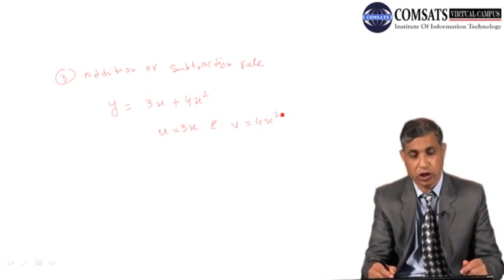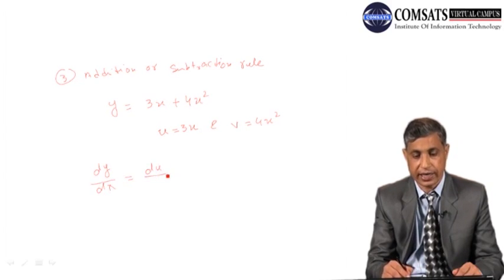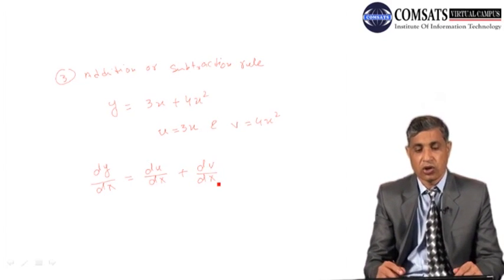I have just supposed. So the formula for this addition is dy over dx will be equal to du over dx plus dv over dx. So this is the rule for this.